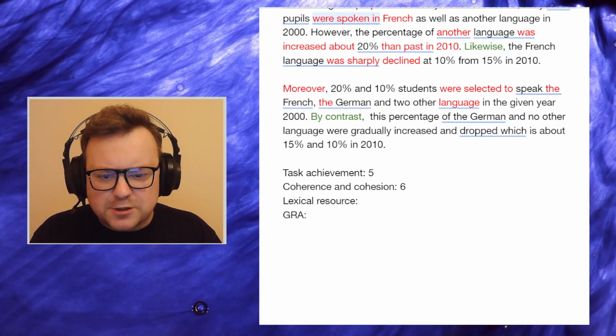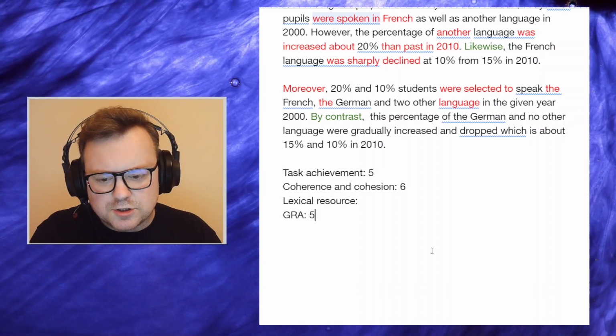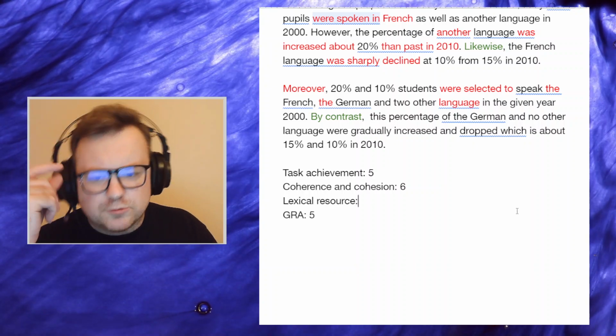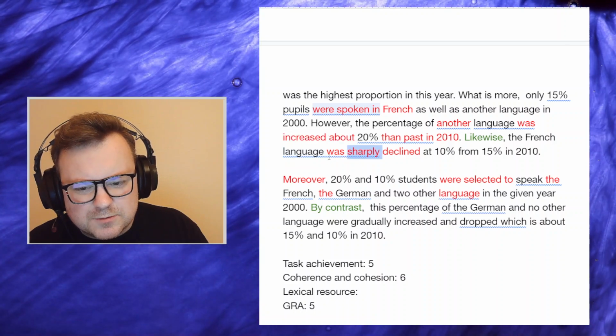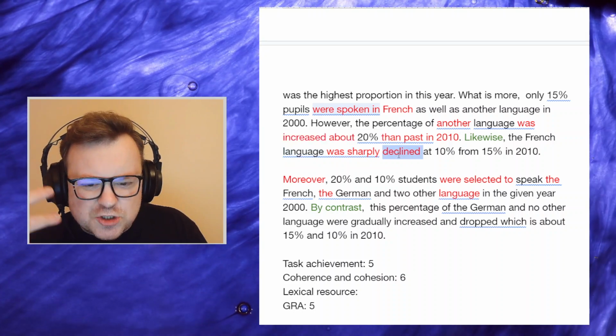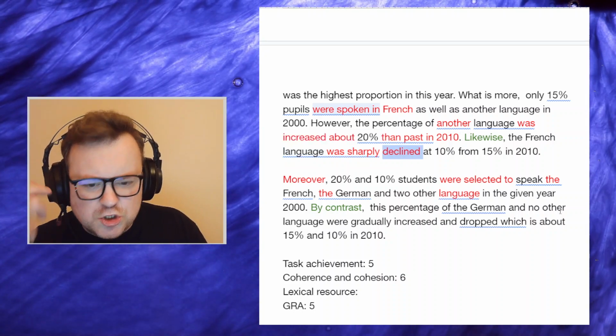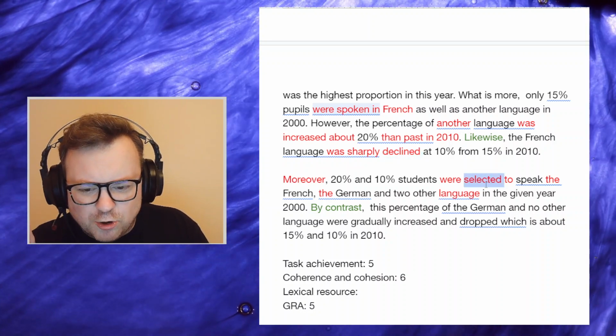All right, so for grammatical range and accuracy, definitely not a 4, but closer to the 5. Lexical resource, there is some good stuff in there, like sharply declined, but it's just not precise here because it's not a sharp decline. So that's a problem. Selected is just wrong here.